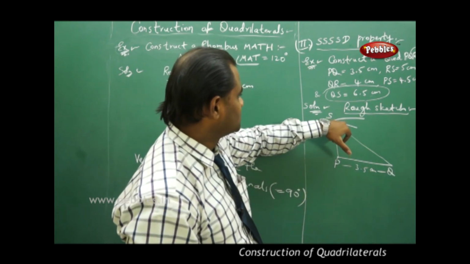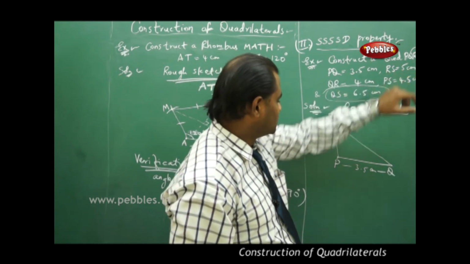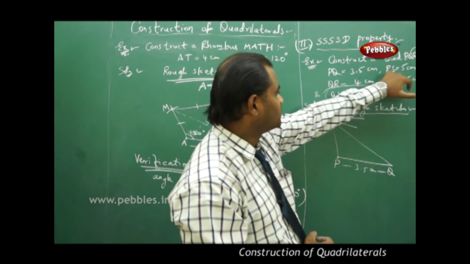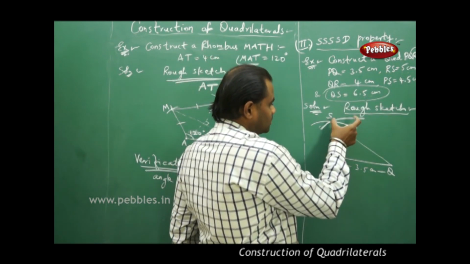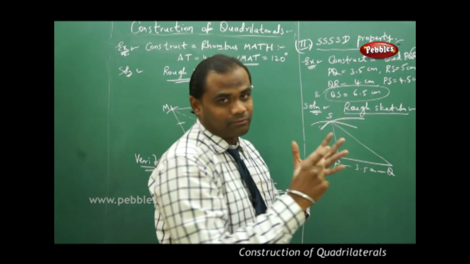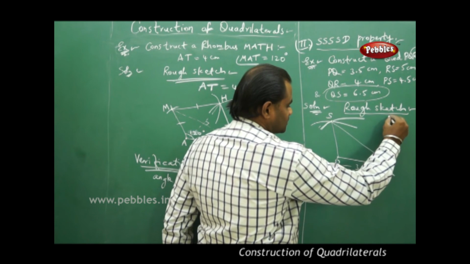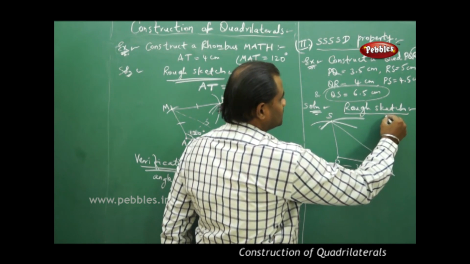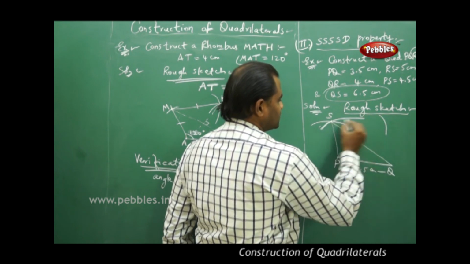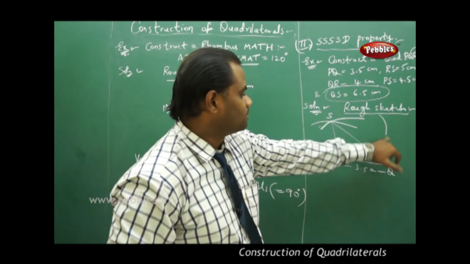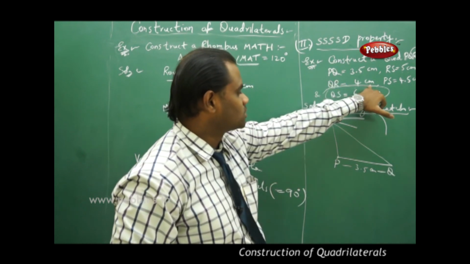So from S, I have the remaining sides which I need to construct, where RS is to be constructed. Therefore, I take the measurement of 5 centimeters, use the compass, put the pointer at S, and take the measurement of 5 centimeters exactly from the ruler and cut an arc so that I get 5 centimeters out here. Then from Q, I also have QR, which is 4 centimeters.